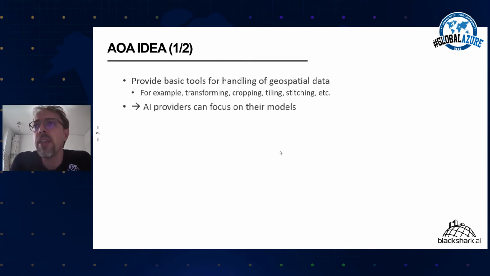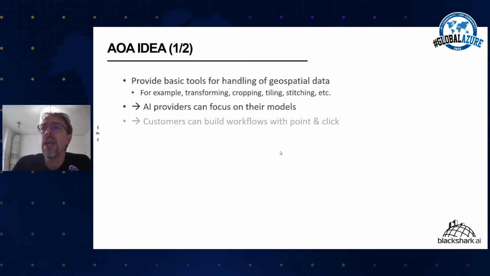Which in turn means that AI providers like us at Black Shark can focus on our models or on our computer vision algorithms and so on. And the customers, typically you, are the ones who are able to build ready-made workflows with all of the plumbing taken care of.